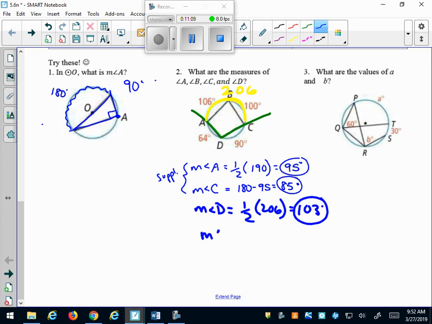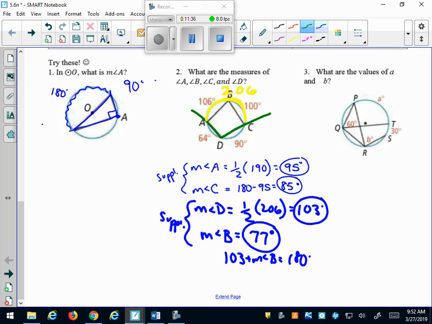And now the measure of angle B, again, we could do that same process again and add 64 and 90 and take a half. Or we could just say, since these are supplementary, it's going to be 77 degrees, right? So it's 103 plus measure of angle B equals 180. Does that make sense? All right, let's look at number 3 together, and then we'll practice them on our own.